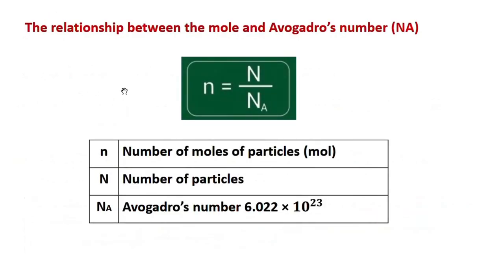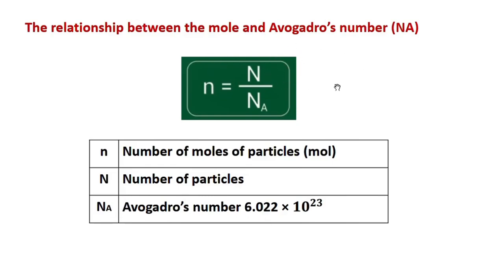In fact, there is a law that shows the relationship between moles and Avogadro's number, which is small n equals capital N divided by Na, where small n is the number of moles of particles, capital N is the number of particles, and Na is Avogadro's number, of course. But we can also find another law.